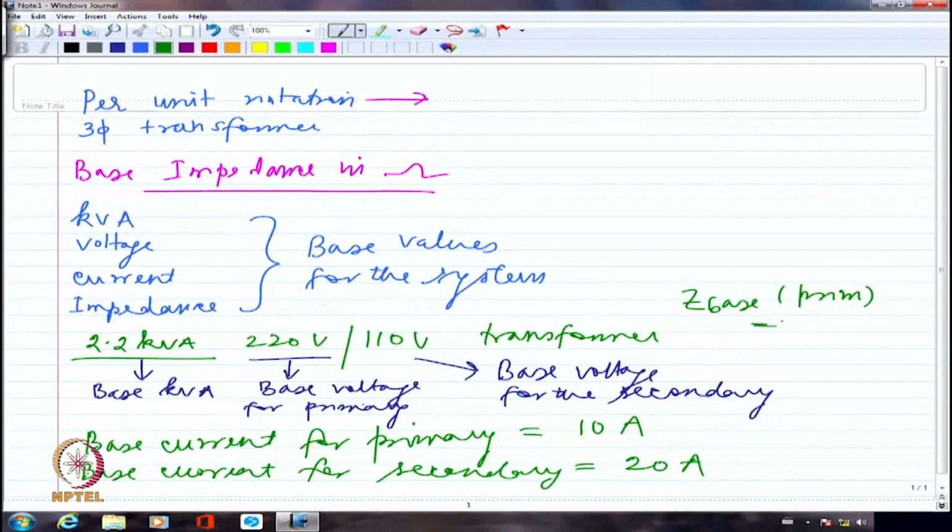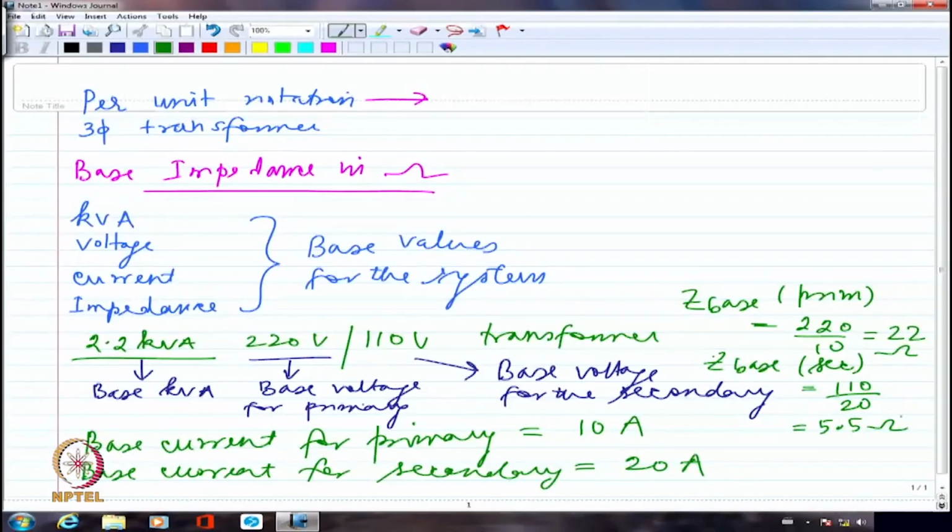Whereas Z base for the secondary would be 110 divided by 20, which is 5.5 ohms. So, the base impedance will be different for the primary side and secondary side. Similarly, base voltages and base currents will be different for the primary side and secondary side, whereas the kVA will be common for all of them.